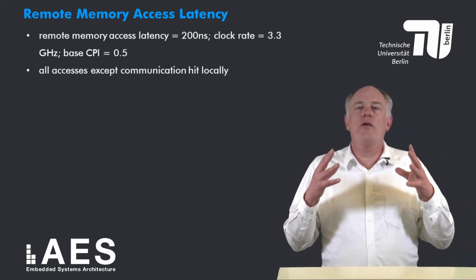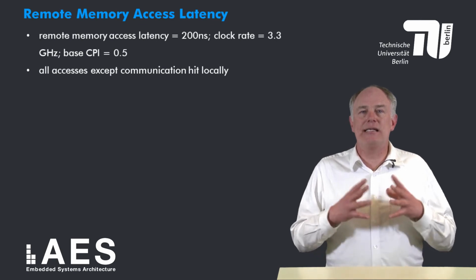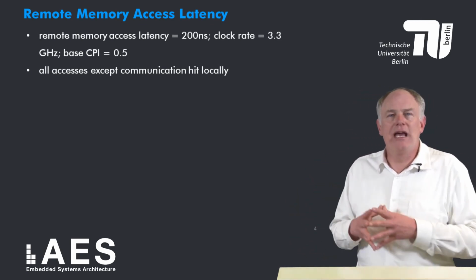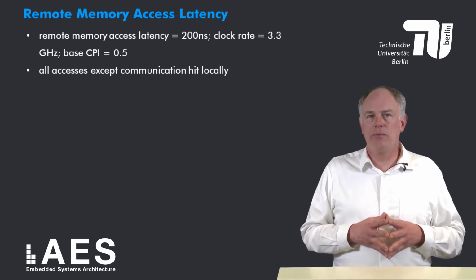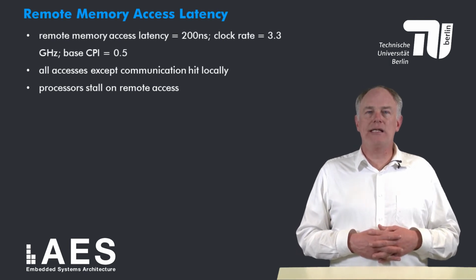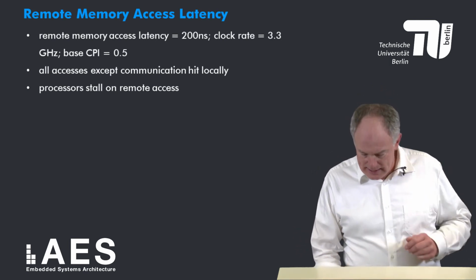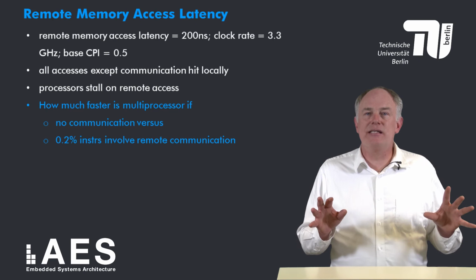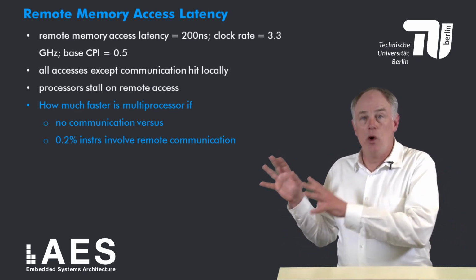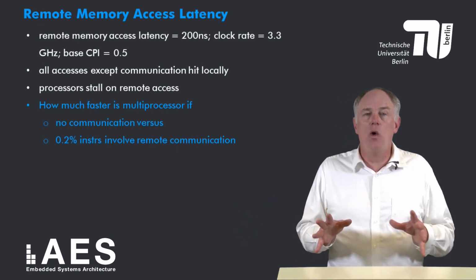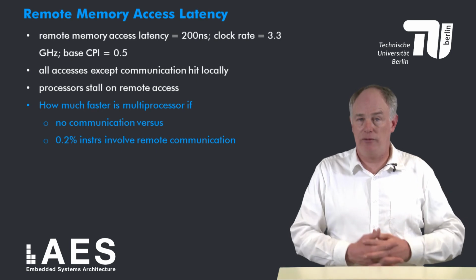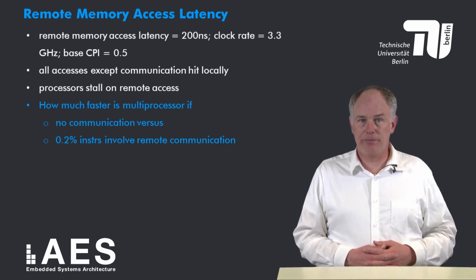Furthermore, I also assume that all accesses except remote memory accesses involving communication hit locally, and that the processor stalls on a remote access. The question is, how much faster is this multiprocessor if there is no communication versus only 0.2% of the instructions involve remote communication?